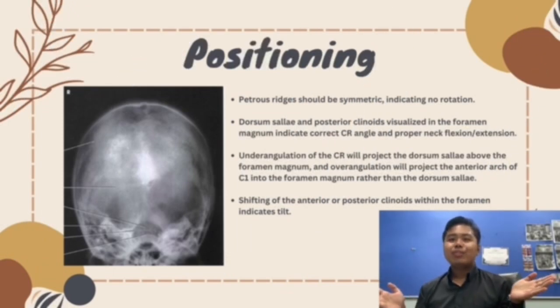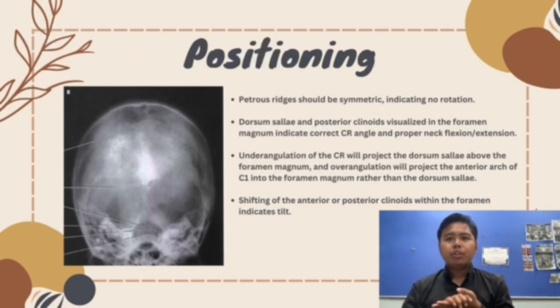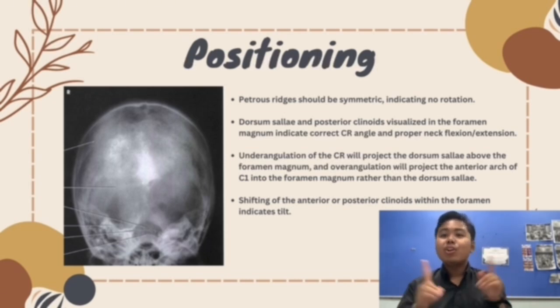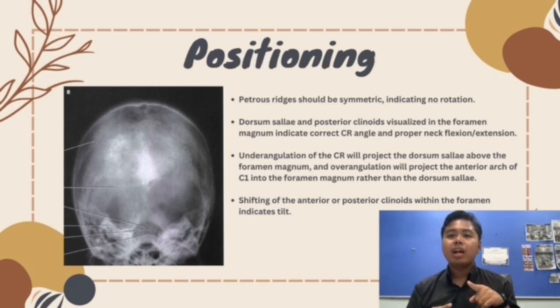Now we move to the normal radiograph positioning. For a normal radiograph, the petrous ridge should be symmetric, indicating no rotation. The second one, dorsum sellae and posterior clinoids visualized in the foramen magnum indicate correct CR angle and proper neck flexion or extension.